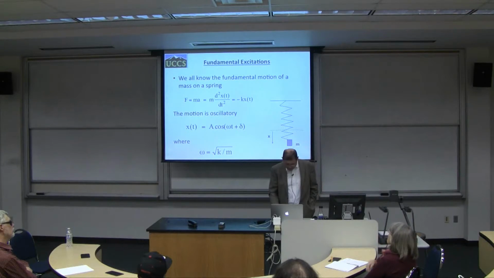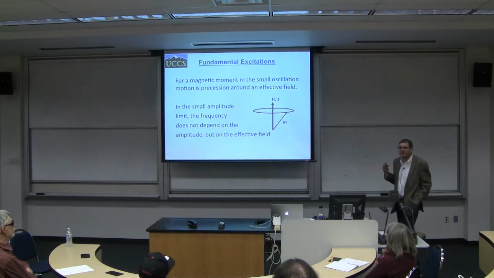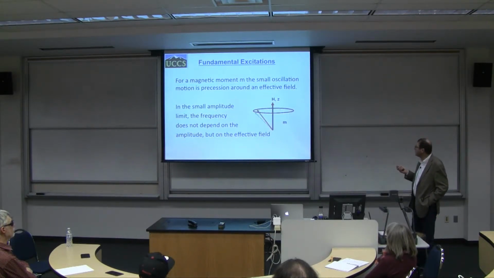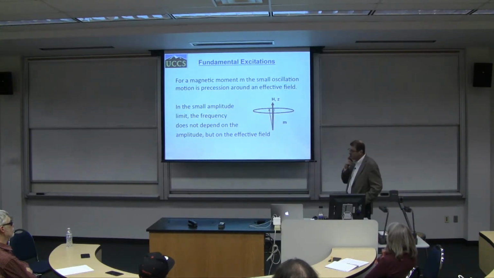So this is how the material is going to behave in such a situation. What's going to happen if I have a magnetic material? I basically have the same system. I'm going to have a magnetic moment which is going to oscillate around the direction of the applied field.